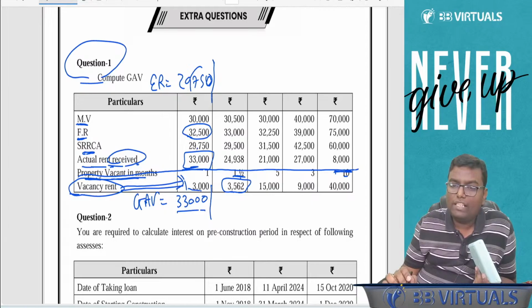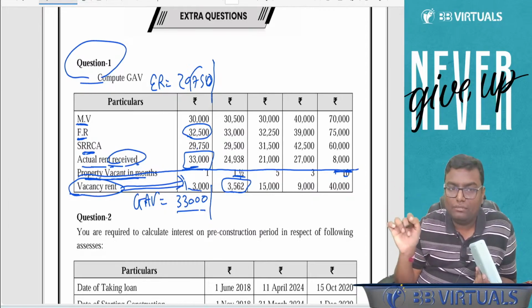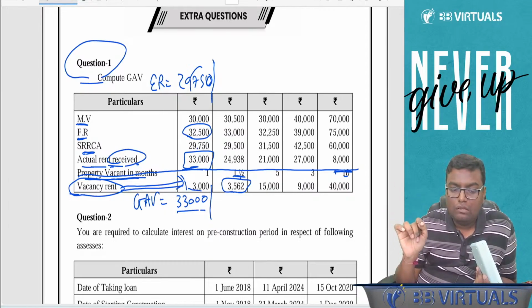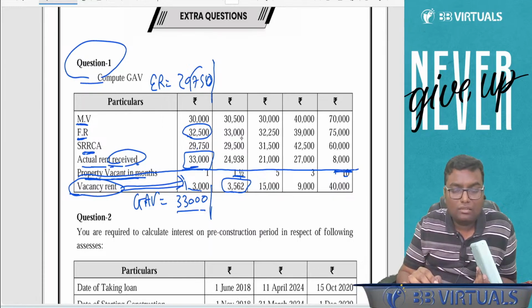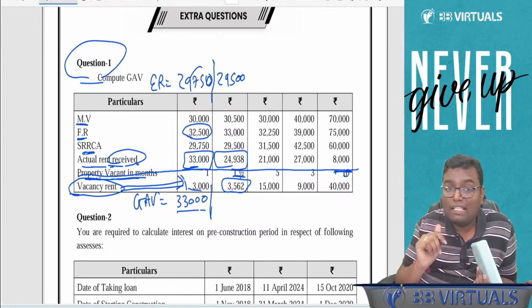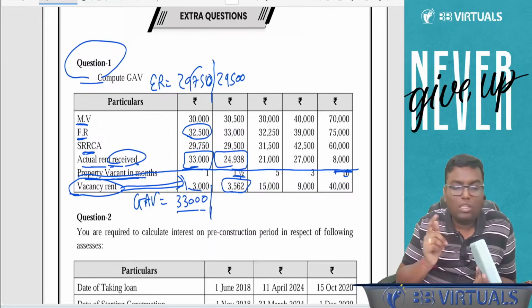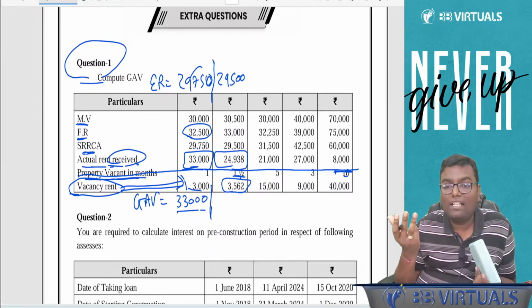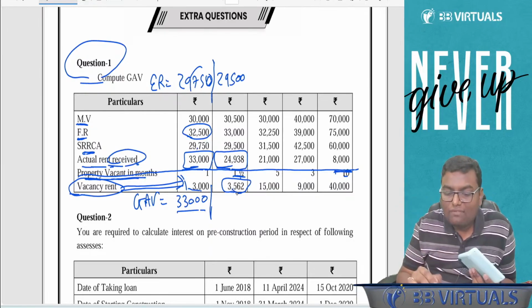First of all, you need to calculate what will be the expected rent. So here, whichever is higher and whichever is lower comes to 29,500. The actual rent over here is only 24,938. That is less than expected rent. So what we have to see? What if there would have been no vacancy? So I have to add this vacancy loss.